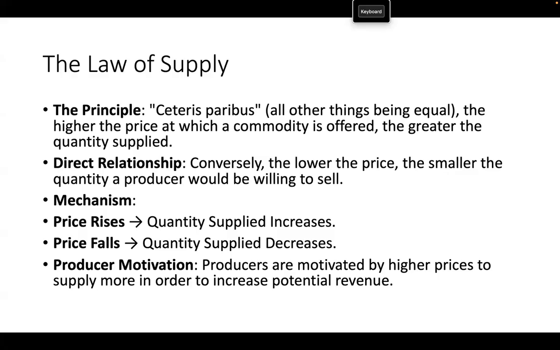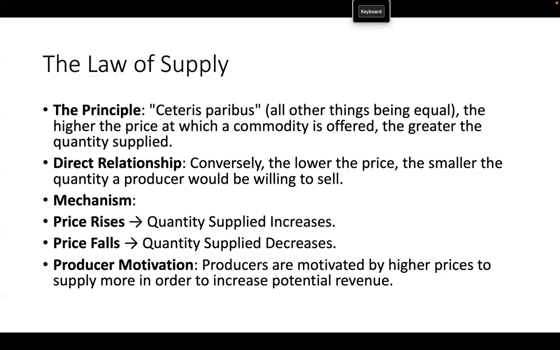The same thing when the prices are low: with the same amount of money, you can buy more of the product. So the law, ceteris paribus, says the higher the price, the lower the quantity demanded, and the lower the price, the higher the quantity demanded.